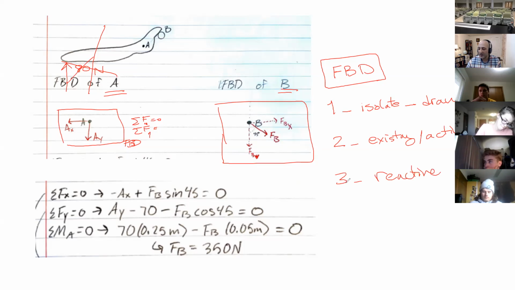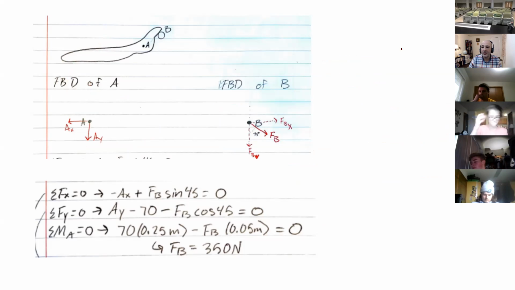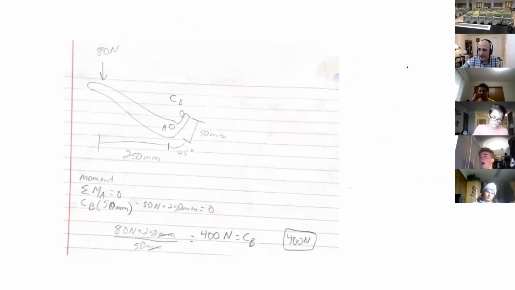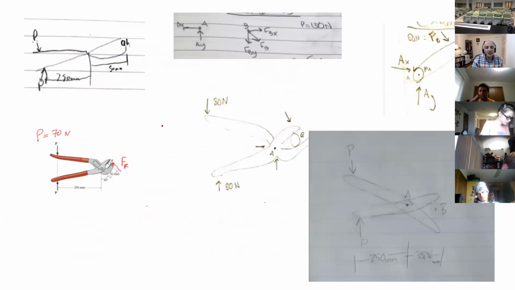Again, you cannot draw a free body diagram and not include them. Here, they did steps 1 and 2, but they didn't do step 3, which was reactive forces. See that? In these ones, step 1 is not done.